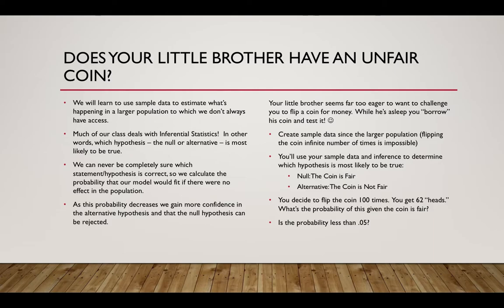Well, because of sampling variability, if you flipped it another 100 times, you would probably get something different than 62, maybe 52, maybe 58, maybe 68, who knows? But the samples will vary each time you flip this 100 times. But in statistical inference, we typically don't take multiple samples. We take one sample, and in this case, we've got 62 heads out of 100 flips.